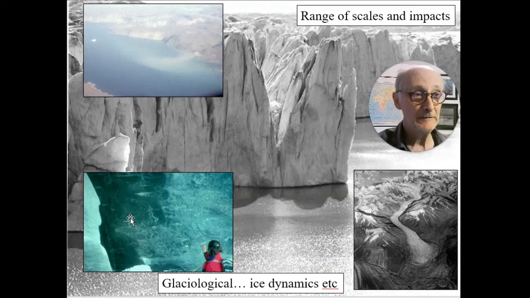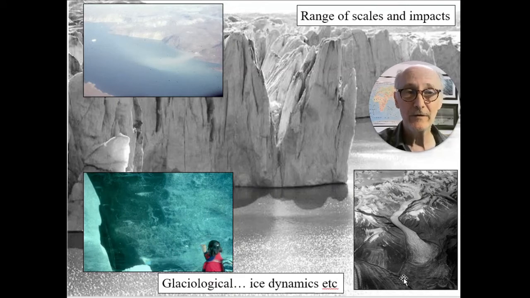Other people, including myself, have suggested that it's all to do with the flow of water through the vein network. It's a metamorphic effect where you get partial melting, partial refreezing, and flow of water and debris through the vein network. But whatever's going on there, it appears that water, perhaps at that micro scale, is really important in the generation of that basal ice.